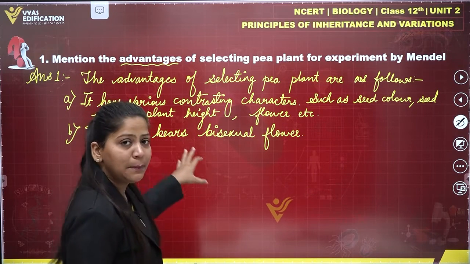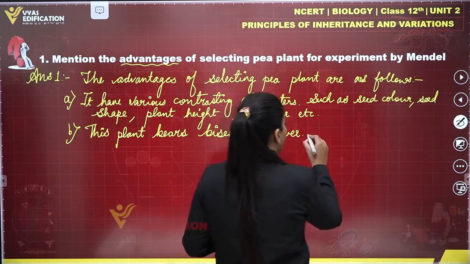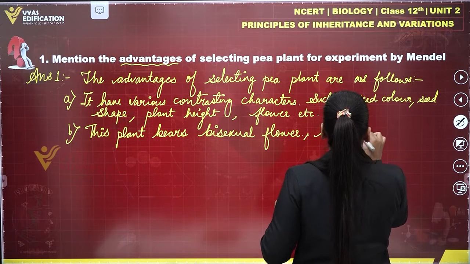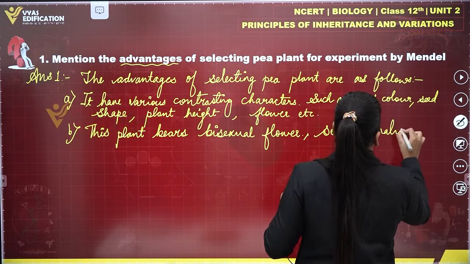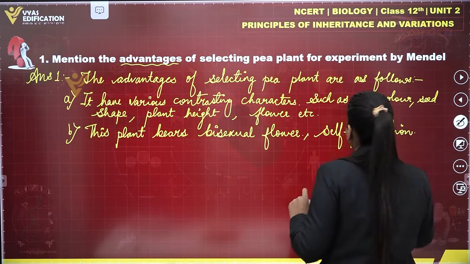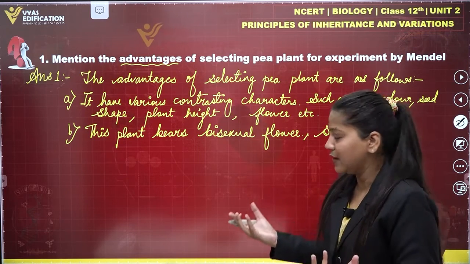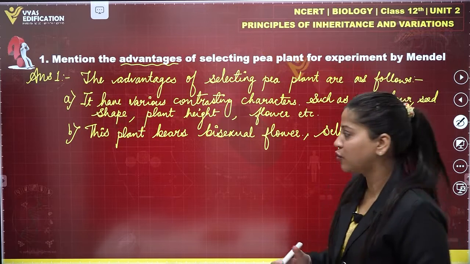So the pea plant has bisexual flowers, and hence it can undergo self-pollination in case no pollinating agents such as insects are available to them, because they have bisexual flowers.